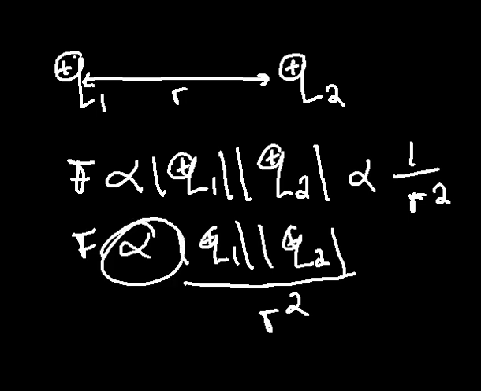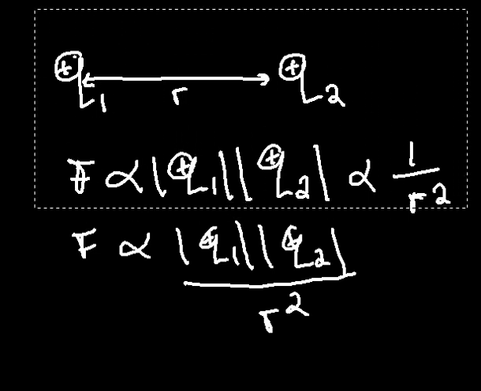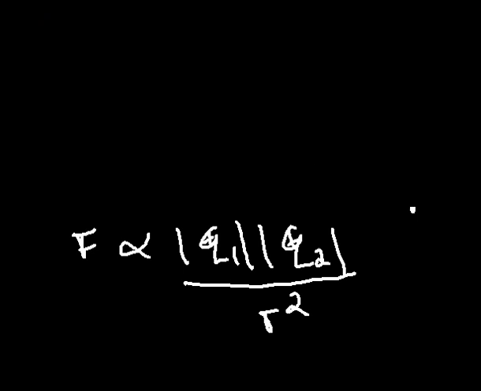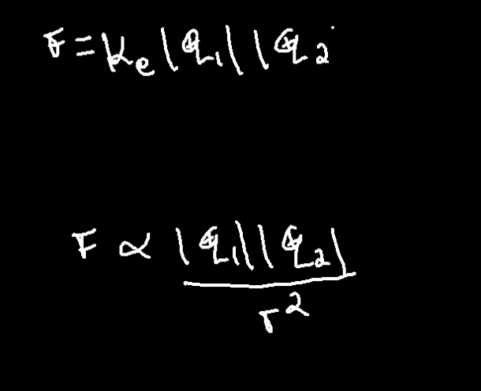So now let's introduce a constant. We have the force equal to the constant K times the product of the magnitudes of the charges, charge 1, a positive charge, and charge 2, a positive charge as well, divided by r squared.